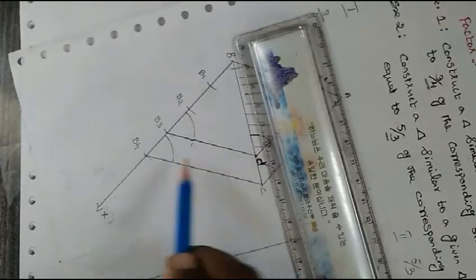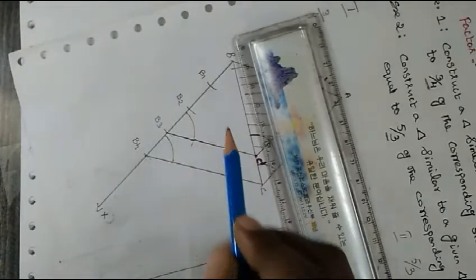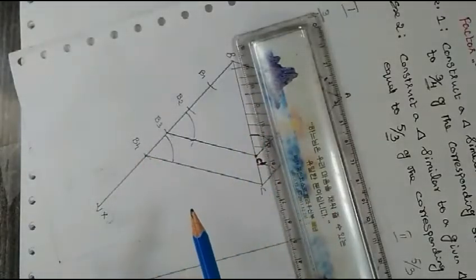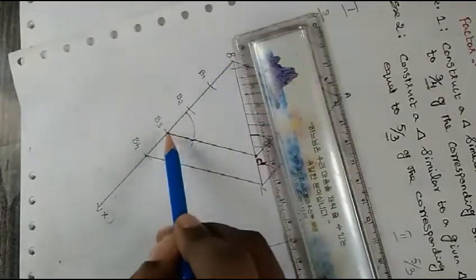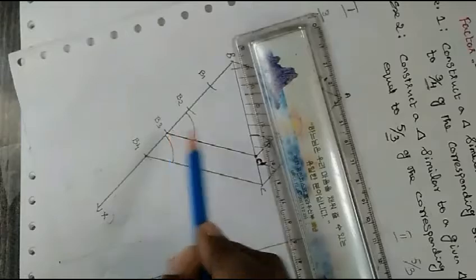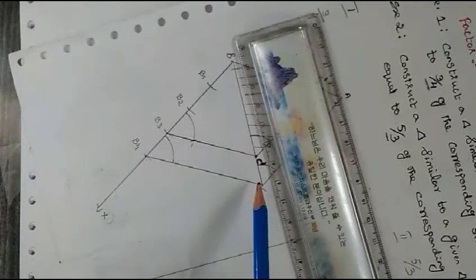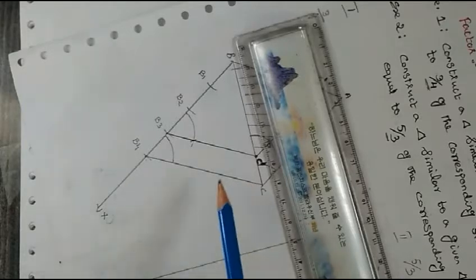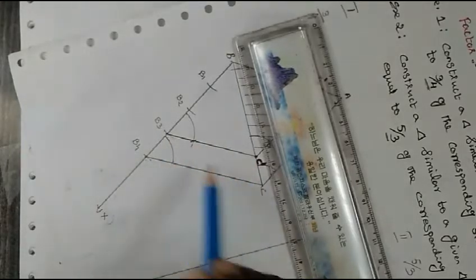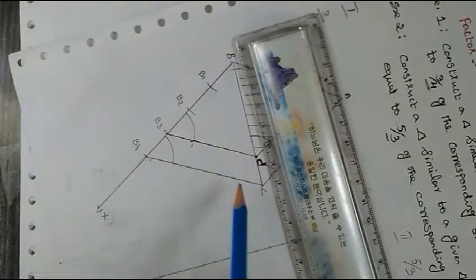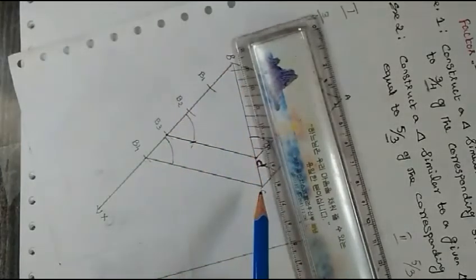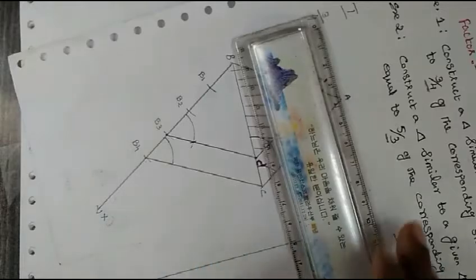When we construct this parallel line, this will divide the triangle into equal ratio. That means B B3, this side will be equal to this side and this side will be equal to this side according to the basic proportionality theorem. When they are parallel, that time this ratio becomes equal. The same thing for this triangle also.